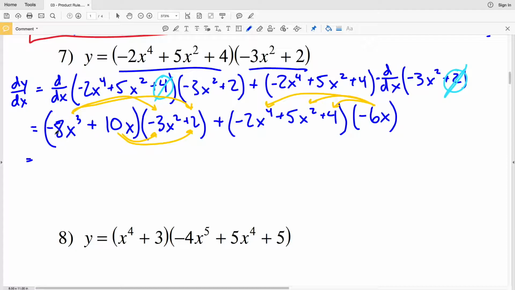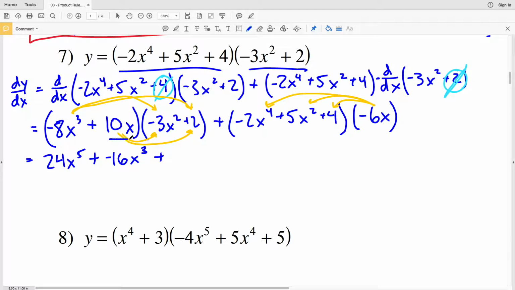So starting with our first terms, negative 8x cubed times negative 3x squared, that's going to be negative 8 times negative 3, which is a positive 24, and then x cubed times x squared is x to the 3 plus 2, which is x to the 5th. So that's my first terms. Now my outside terms, negative 8x cubed times 2, that's going to be a negative 16x cubed.